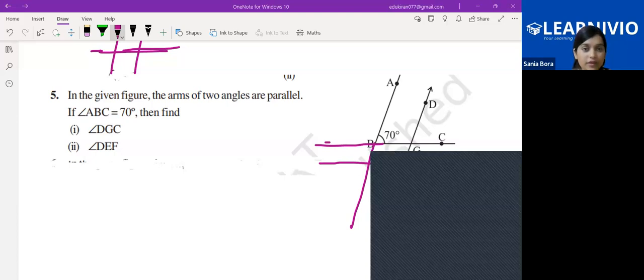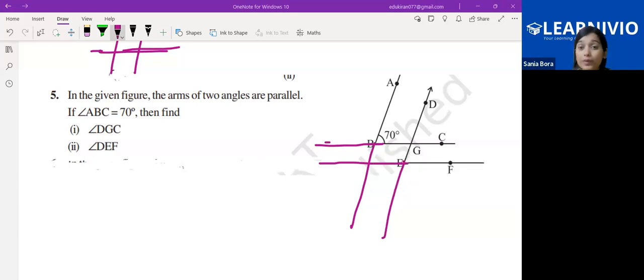You have to just find the values, using the properties, alternate angles, corresponding angles, like that.